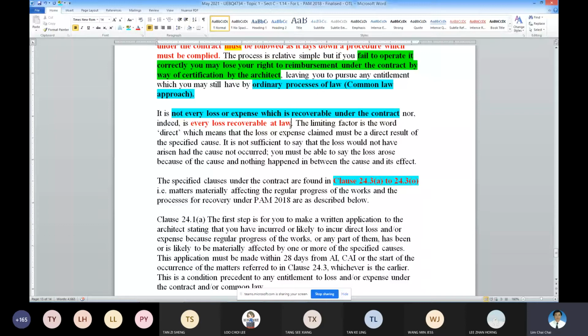But under the common law, you must check whether this breach by the owner is claimable. So that's why I say not every loss is recovered at law. This is the basic meaning. You need to find out under the common law whether the item is claimable. More often than not, the majority of them are claimable, but a lot of support has to come in.